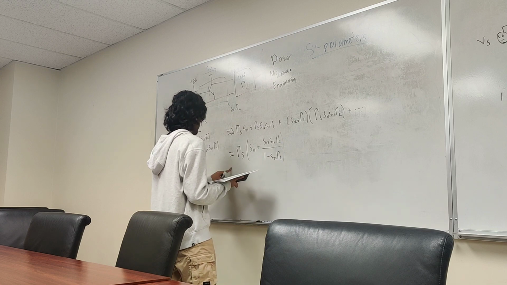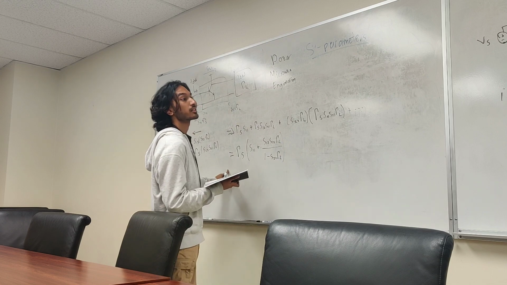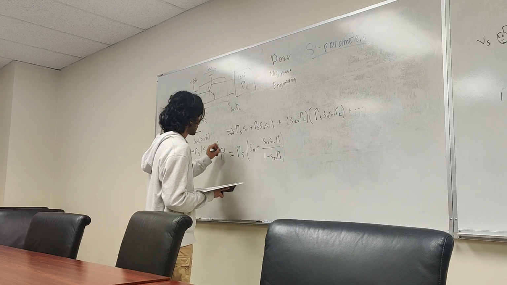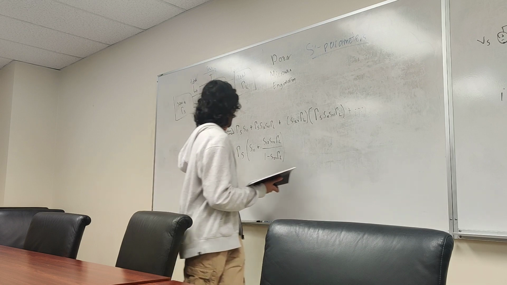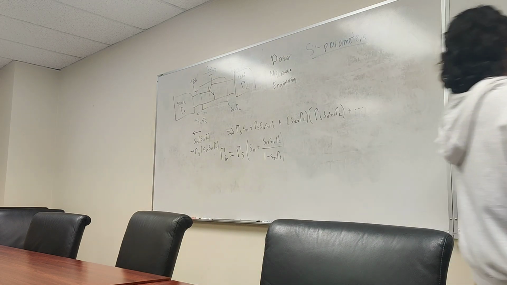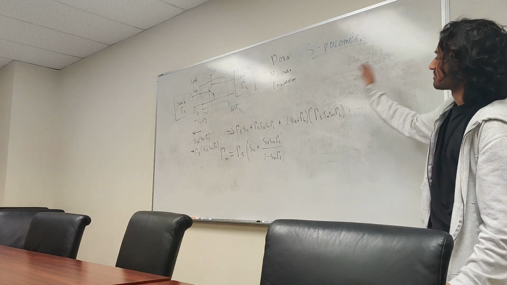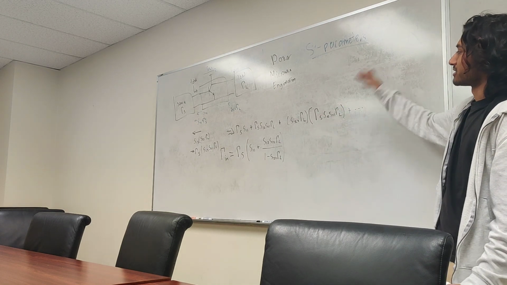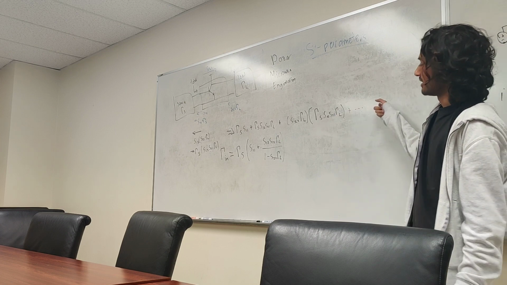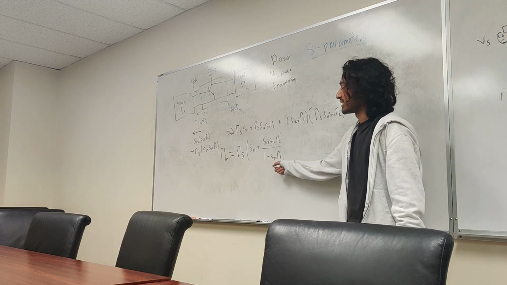And this is what we're going to denote as, I wrote it down over there, gamma in. Same gamma in as this. But you can see that these infinite reflections, signals bouncing back and forth, going from source to device to load, back and forth, an infinite sum, we do a Taylor expansion, look at this.